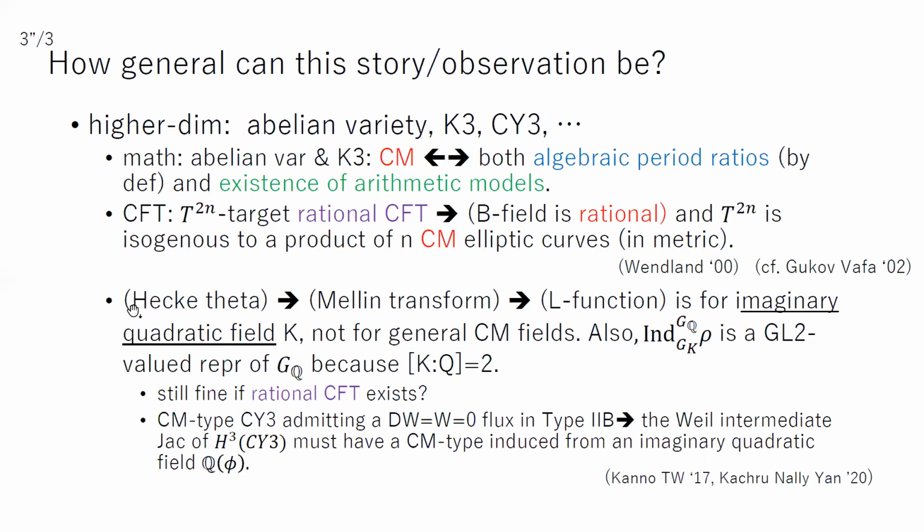Another observation is for the Calabi-Yau threefold type IIB compactification.